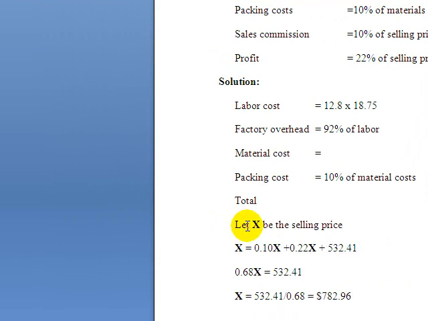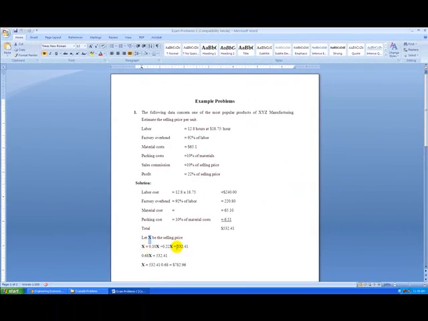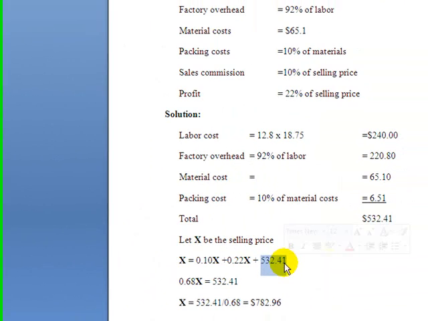Let's assume that X is the selling price per unit. If you write the mathematical expression for the selling price, selling price X is equal to, first we need to add the cost, which is 532.41.